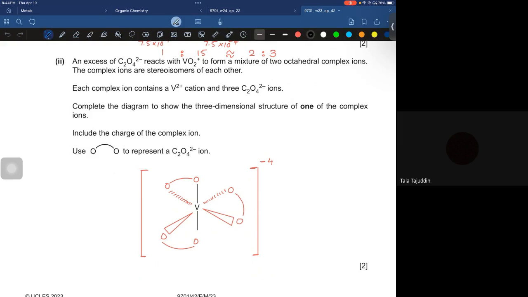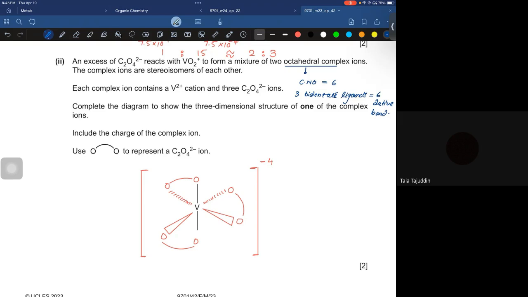So let me tell you this. Octahedral means the coordination number is 6. If you have three bidentate ligands, they would be making 6 dative bonds. If you are asked the definition of coordination number, it is the number of dative bonds between the metal and the ligand.